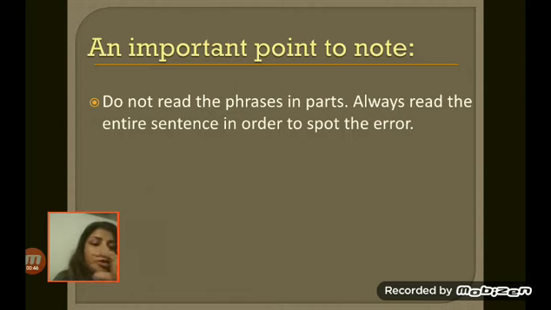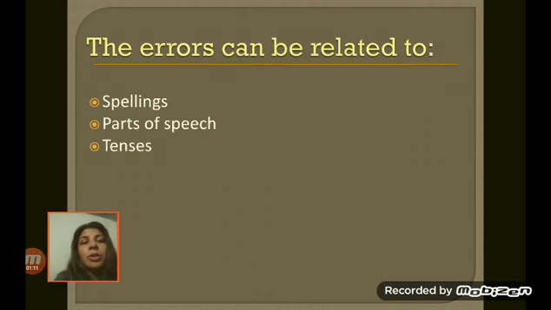First of all, the passage that is given to you, you do not have to read it in parts. When you read a sentence in parts, you will not be able to detect the errors. Okay, and the errors actually are very simple. The only thing is you have to read the whole sentence in one go, and then it will quickly click to you where the error is. So you have to read the entire sentence in order to spot the error.